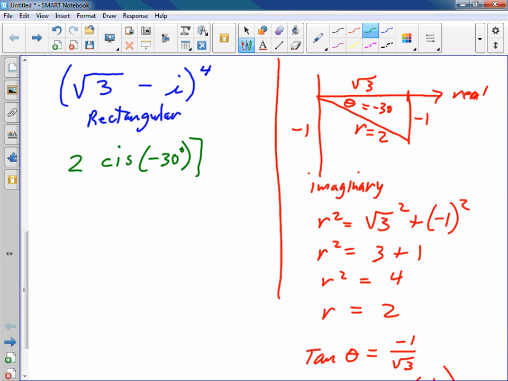And then the whole thing we're going to take to the fourth power using de Moivre's theorem. Okay, so this will work.